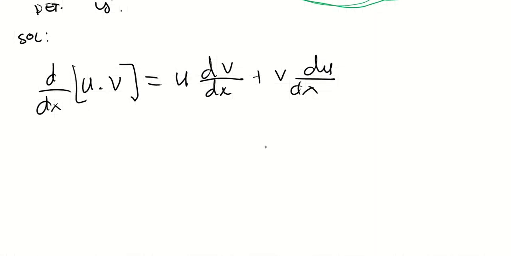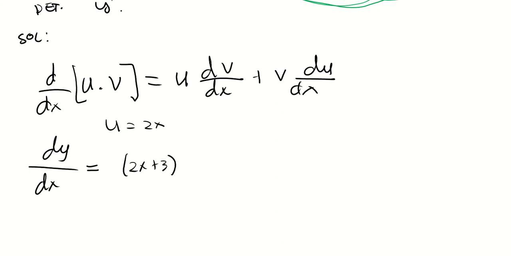So dy dx now, applying the product rule. Let's take 2x plus 3 as our u. So just copy 2x plus 3. U is equal to 2x plus 3, and v is equal to x cubed plus 2x squared minus 4x plus 5.